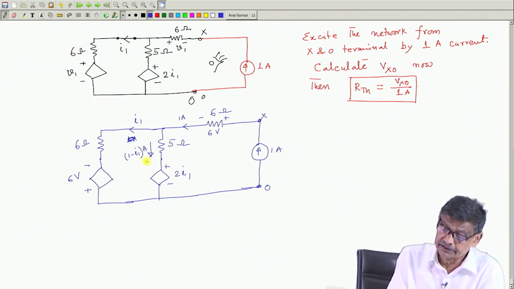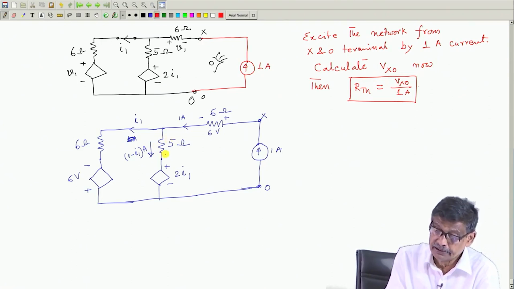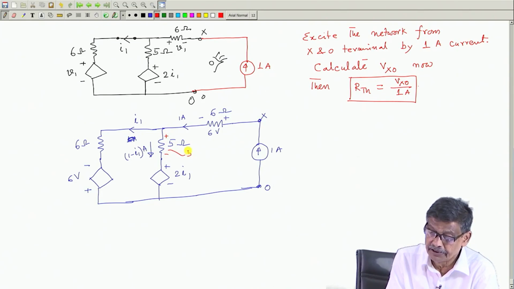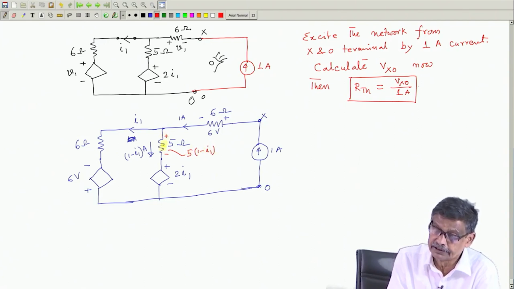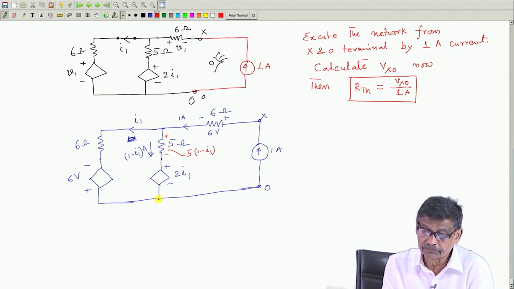If it is 1 minus I1 flowing in this direction, then the voltage across this 5 ohm resistance, let me write in red, will be 5 into 1 minus I1. This will be the voltage across this resistance with this polarity, because 1 minus I1 is downwards. Then write KVL in this loop, start from this point.